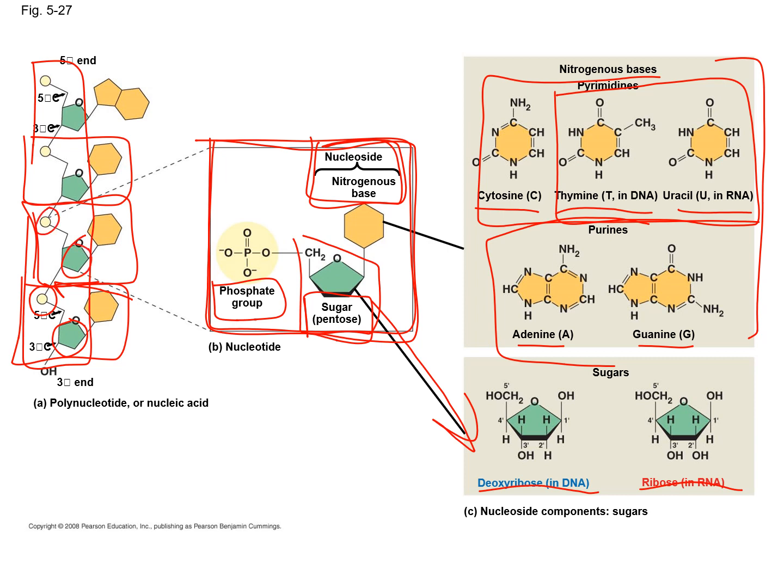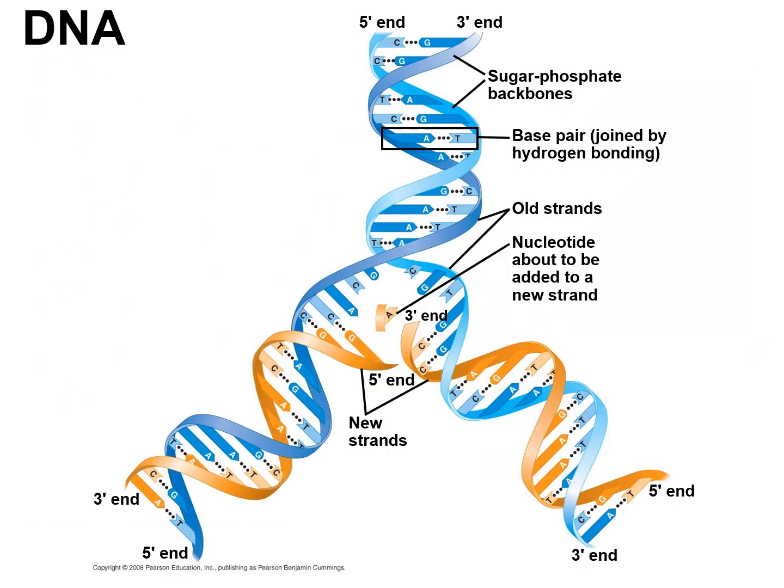Every backbone has 2 different ends. At one end you have a 5' end, the other end has a 3' end. And then these nitrogenous bases are sort of sticking out into the middle. A molecule of DNA is a double-stranded molecule. What we mean is that one strand of nucleotides will be lined up across from another strand of nucleotides.